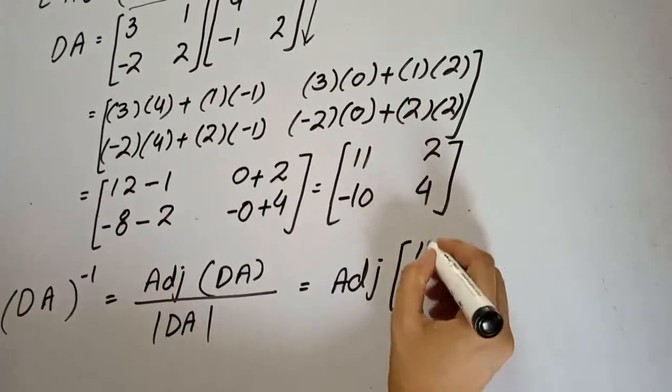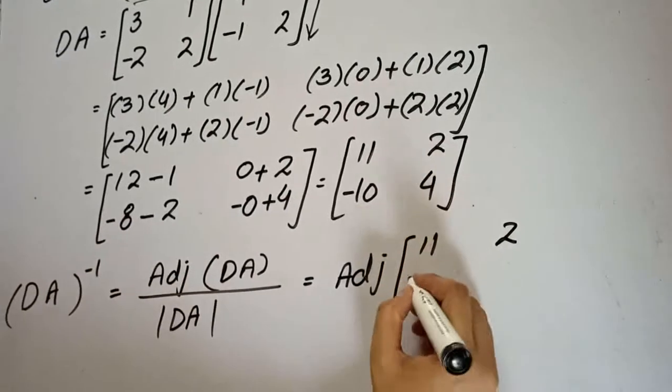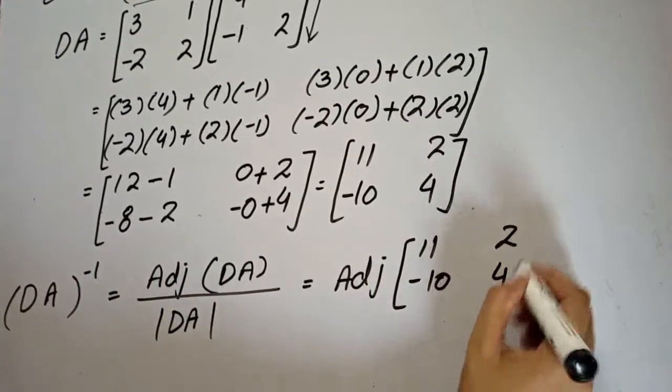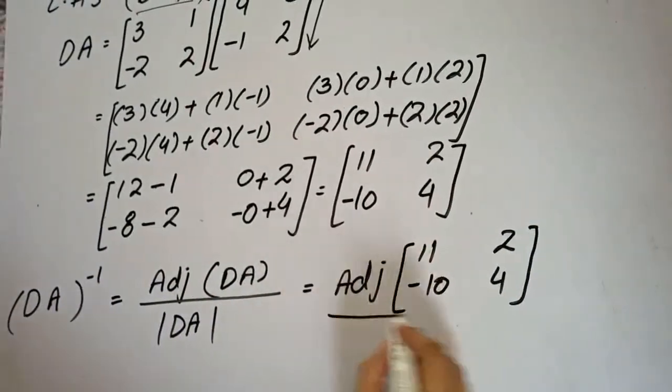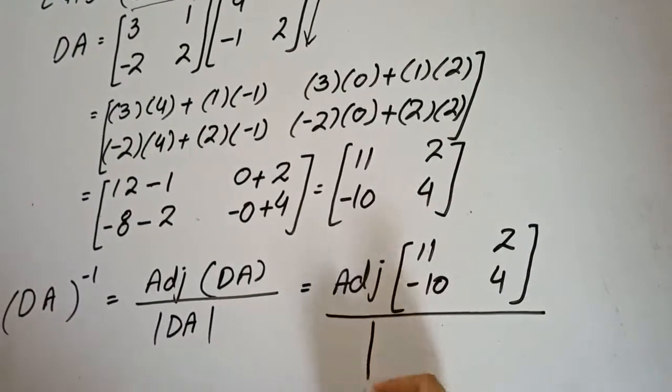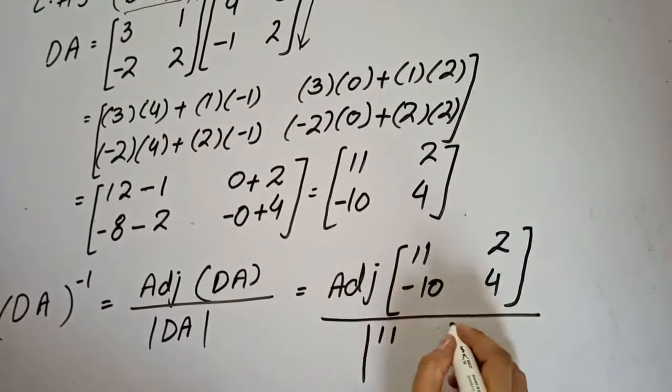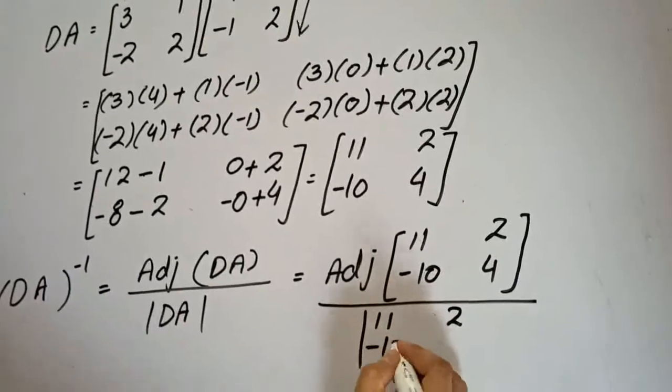DA is this matrix 11, 2, minus 10 and 4, divided by the determinant of this matrix 11, 2, minus 10 and 4.